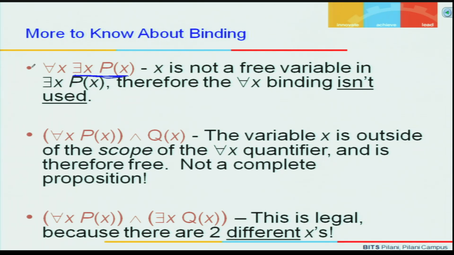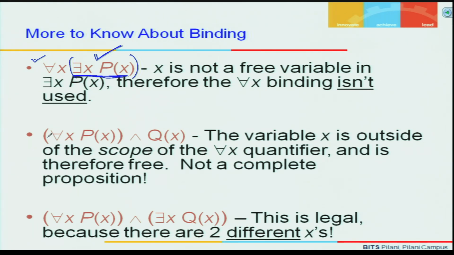For a proposition, you cannot talk of any variables being in it. So this is not a valid statement, because when you say for all x and something, x should be a variable in the next portion of what you are talking, but this happens to be a proposition which is not having any of the variables.